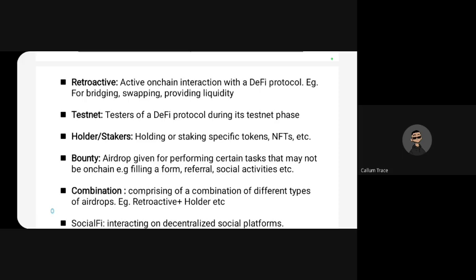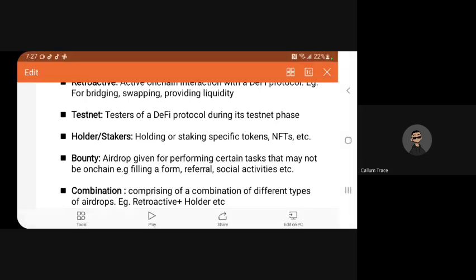Yes. All right. So moving on, we have stakers slash holders airdrop. This is a kind of airdrop given to addresses of people who hold or stake a particular token or NFT. For instance, there are some NFTs that if you have them, you'll be entitled to so many airdrops. There is Azuki, little pigeons, penguins, and there are so many NFTs you can have.